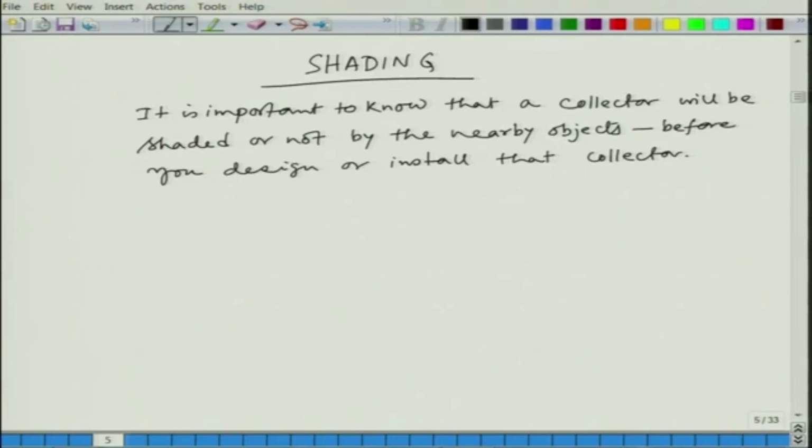If that is the case, you would like to know whether the big tree that is just beside your house will shade that particular location of the panel most of the time in the year. If that is the case, you should not even try it, or you should choose another location where that shading will not happen.